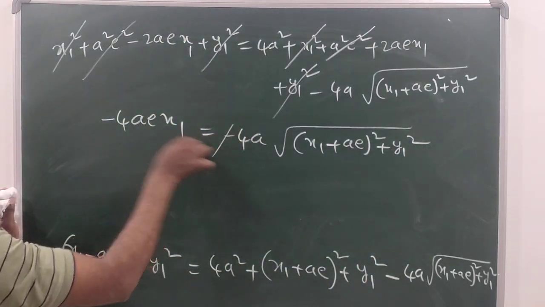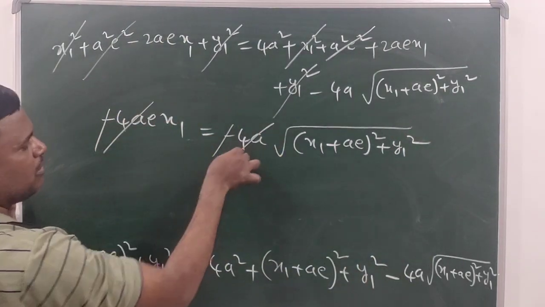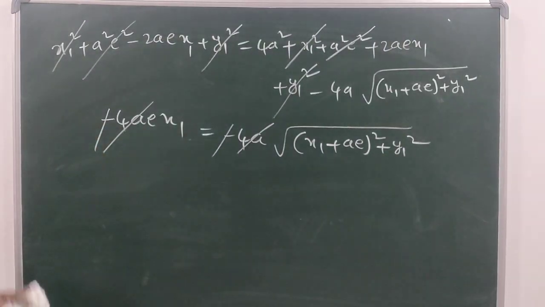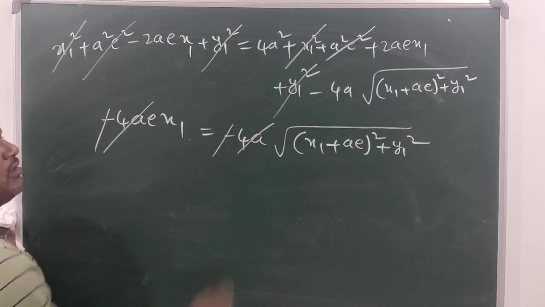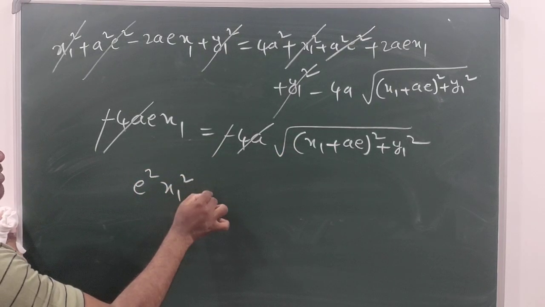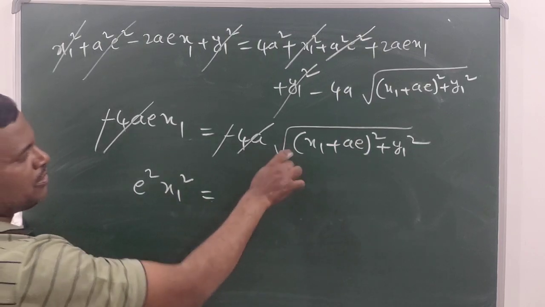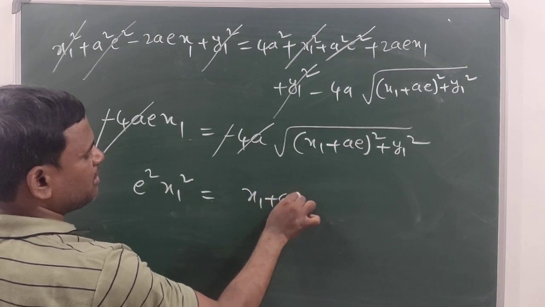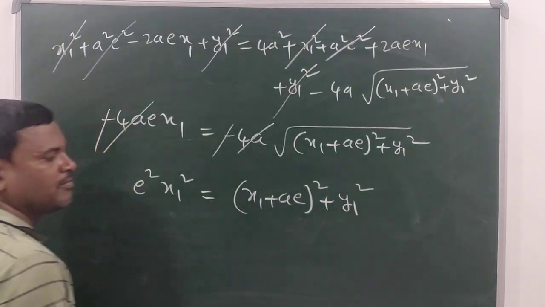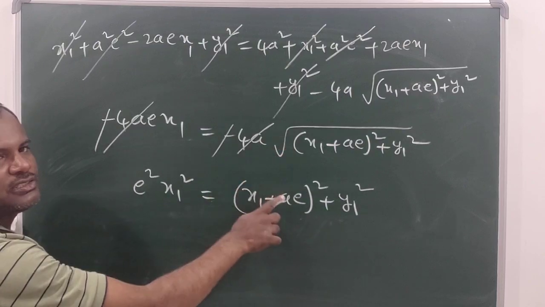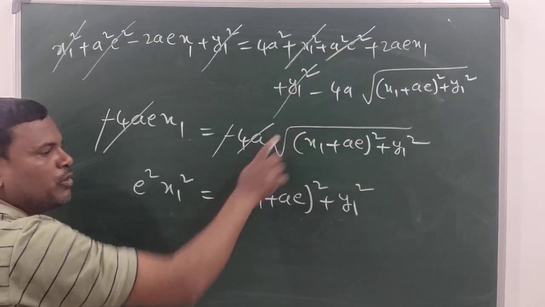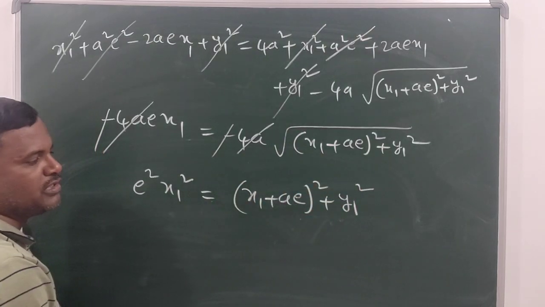Now minus minus cancel, 4a also gets cancelled. Now again square on both sides for the leftover quantities. So here you will get e square x1 square, which is equal to x1 plus AE whole square plus y1 square. Am I right, students? Here it is having square root, so the square root will be eliminated by taking square on both sides.